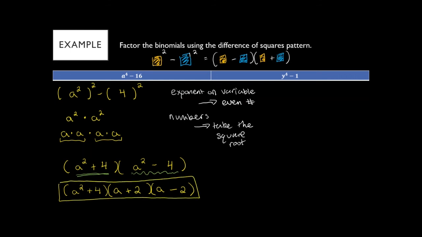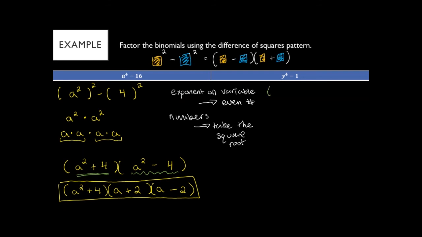So we actually end up with 3 things multiplied together because we had to use the difference of squares twice on 2 different things.